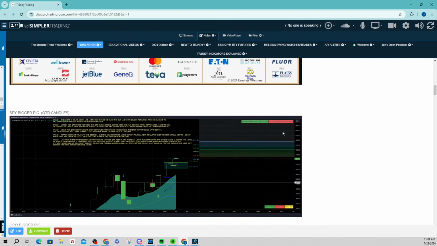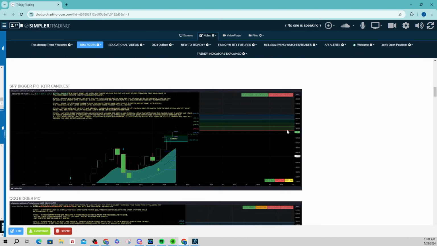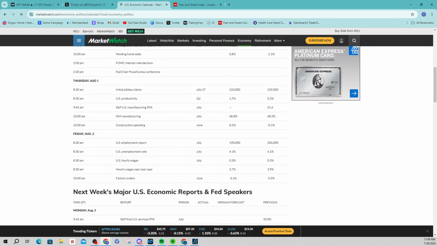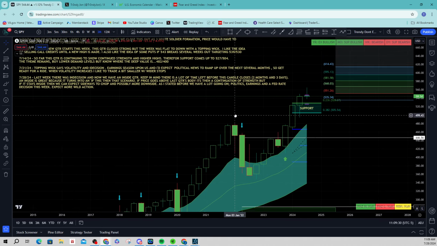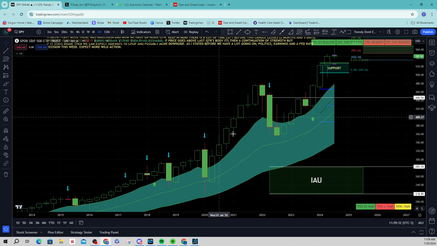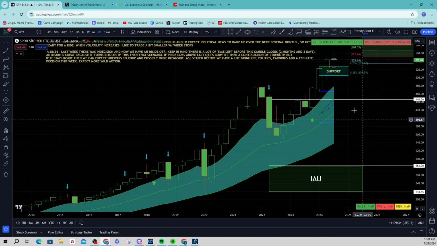The next thing that I want to be looking at is SPY, the bigger picture. This is where we use the quarterly time frames. I just love to concentrate on the bigger picture. And because of that, I want to show you exactly what I'm looking at. First off, I haven't spent a lot of time with you over the last couple weeks.